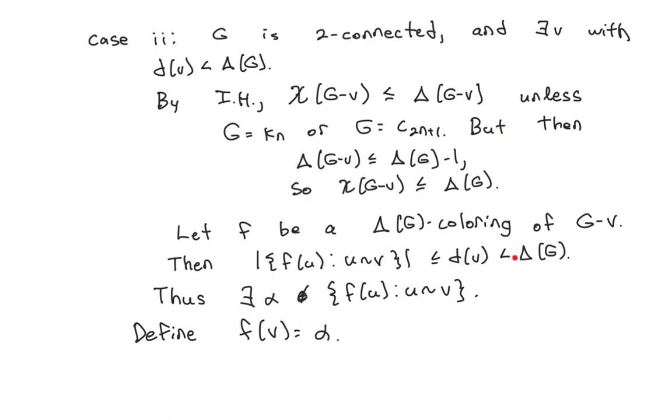But since the degree of v is less than capital delta, the max degree, we know that this set cannot contain every color. So in particular, there exists a color that's not in this set. Let's make v that color, and now we have a proper coloring.